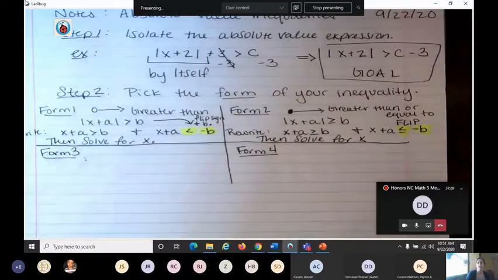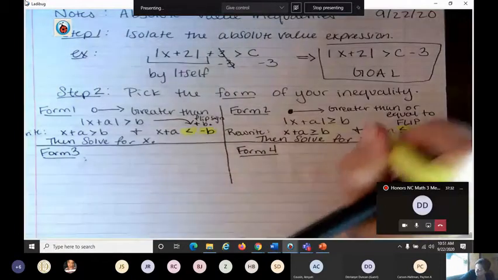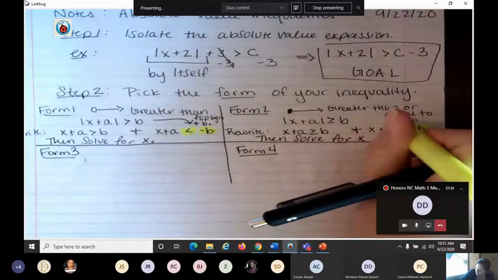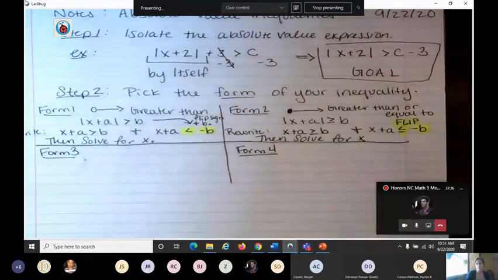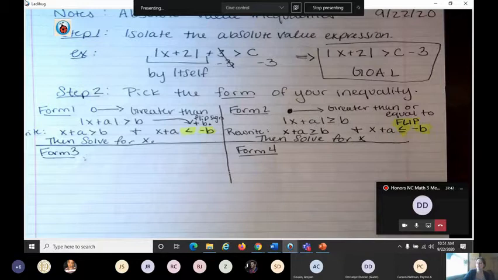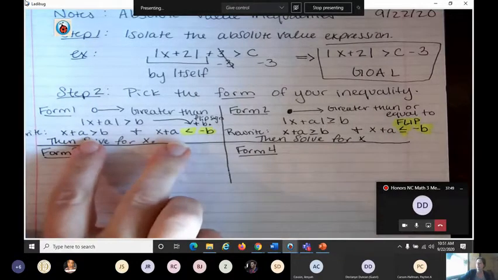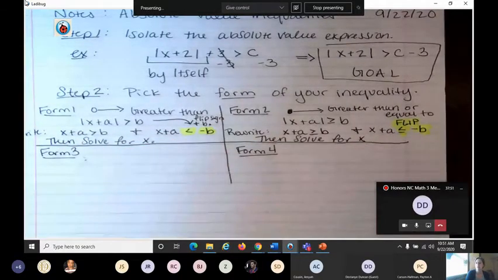Okay, what questions do you guys have about form 2? Is everybody understanding the way we break this up into the two different inequalities each time?